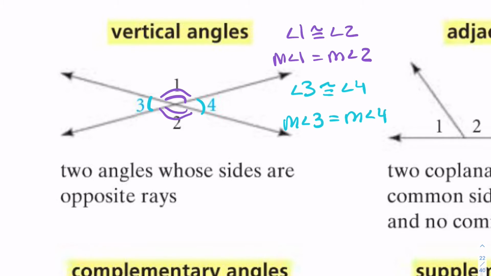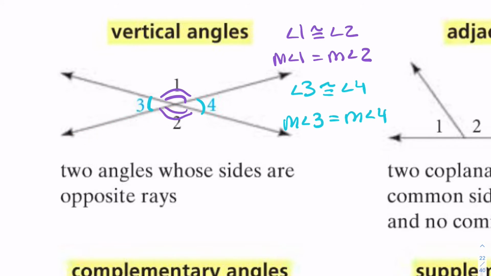Vertical angles are congruent. You need to know the definition of it: two angles whose sides are opposite rays. So here, 4 has a ray here and here. What is opposite to this ray? This ray. What's opposite to this ray? This ray.